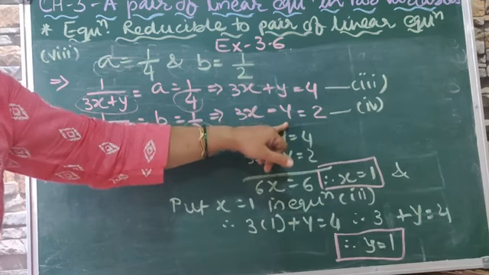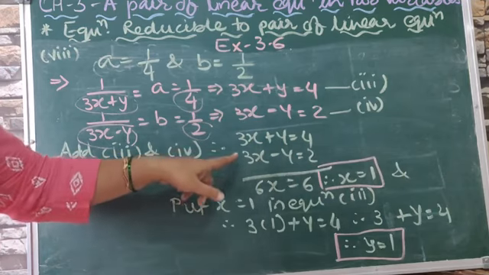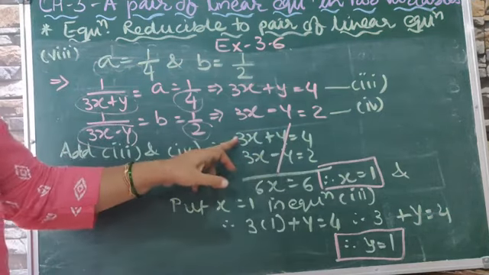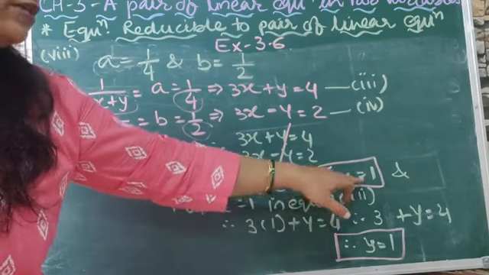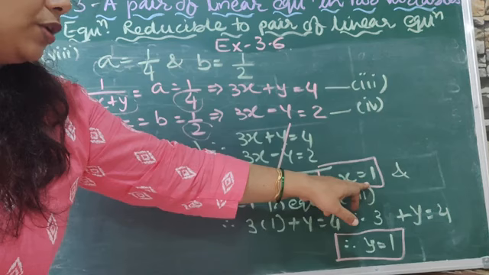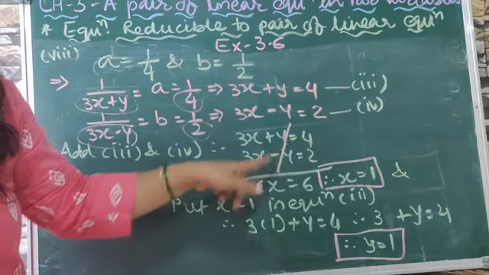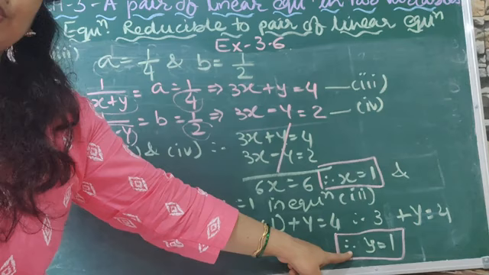If you see the third and fourth equations, if we want the x or y value, we can simply do addition. So here I just added the 3rd and 4th equations, and plus y minus y cancel out. 3x plus 3x, 6x is equal to 4 plus 2, 6, and therefore x is equal to 1. If I put this value in either equation, I will get the value y, and in this way I got y is equal to 1.